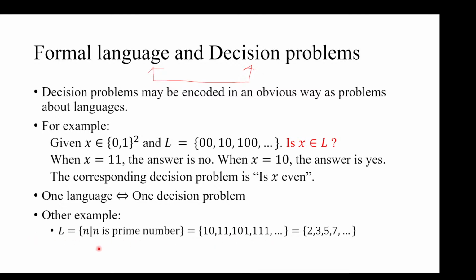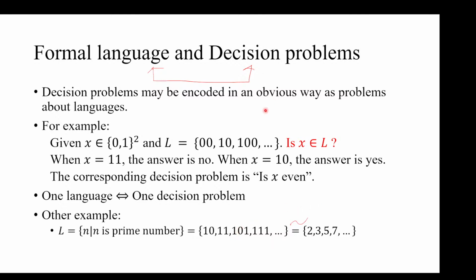We know the prime numbers are 2, 3, 5, 7, etc. Written in binary, these are 10, 11, 101, 111, etc. This is L, the language in binary bits.